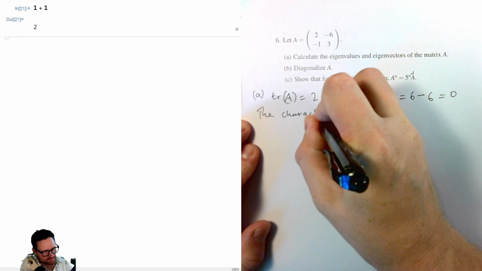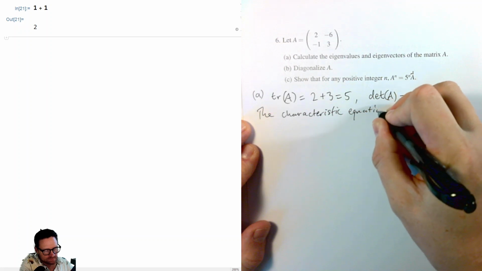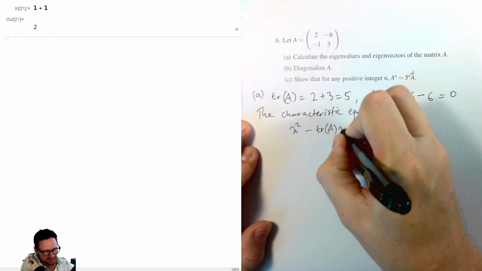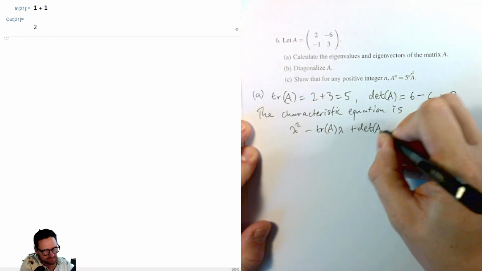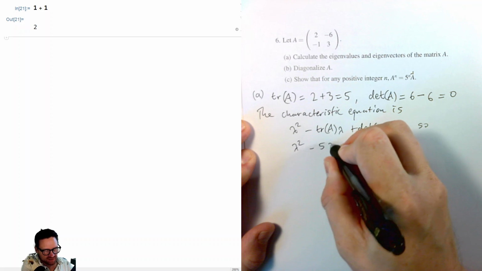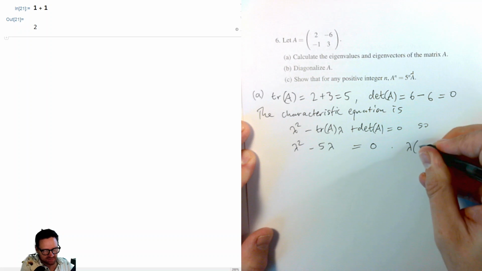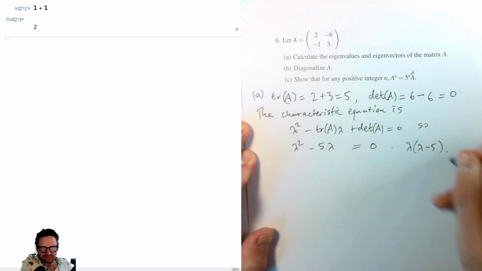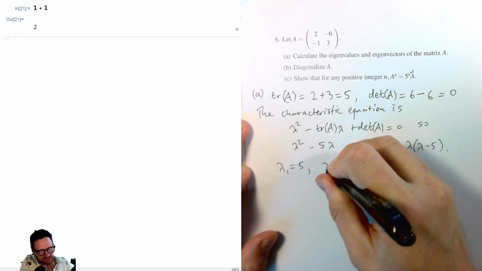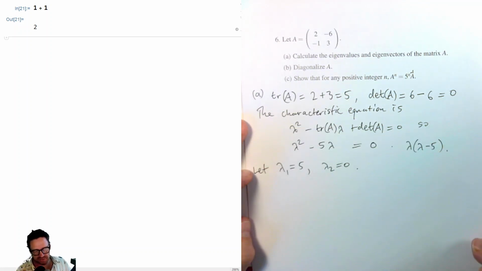Characteristic equation is lambda squared minus the trace of A times lambda plus the determinant of A equals 0. So in other words, lambda squared minus 5 lambda equals 0. This factorizes as lambda times lambda minus 5. So let's let lambda 1 be equal to 5 and lambda 2 be equal to 0. So these are our eigenvalues of the matrix A.